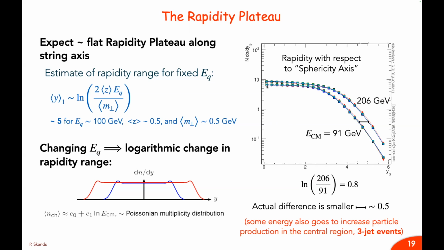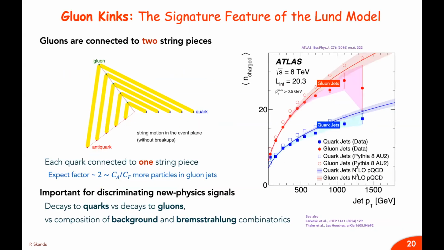So we do expect that to happen, but the rapidity spectrum here also gets a bit longer. If we just take the ratio, we would expect that to be 0.8 units in rapidity. It's actually only 0.5, and that's because the quark has to lose a bit more energy to bremsstrahlung before it hadronizes. So everything tallies here. It's sort of the correct intuitive picture that we can build up.